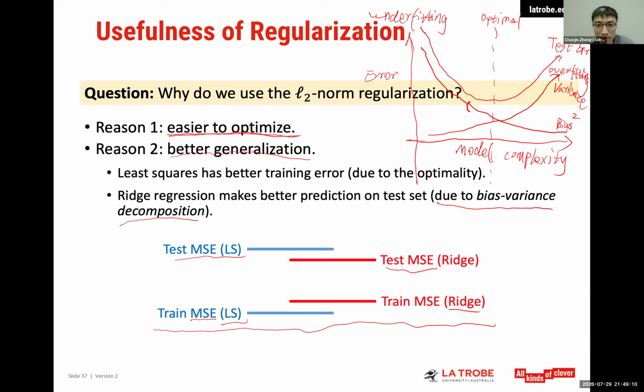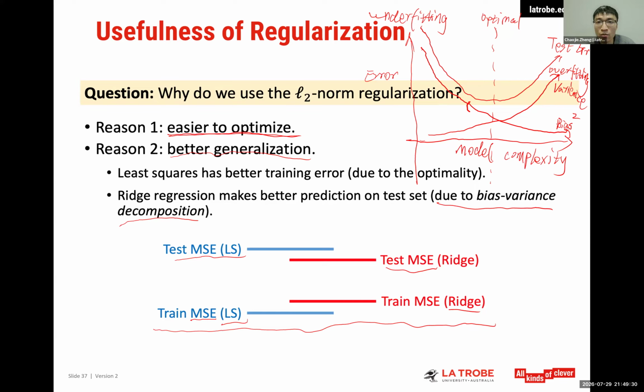So that is called the bias variance decomposition. This test error curve can be decomposed into two separate curves: the bias curve that keeps going down, and the variance curve going up.